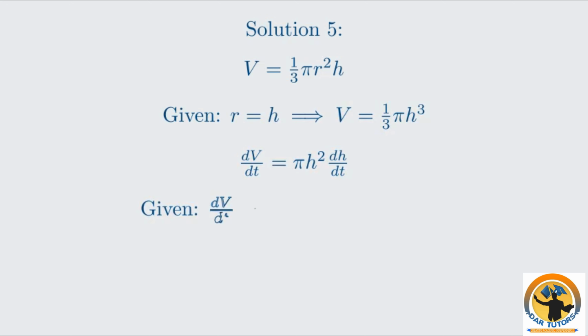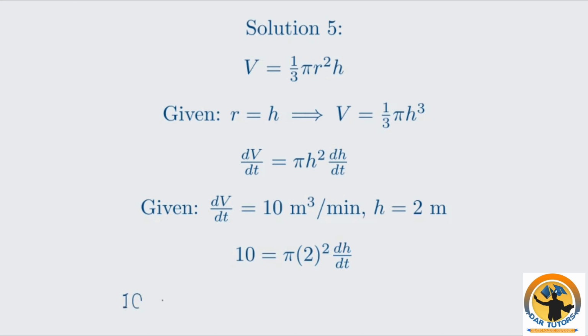We are given dV/dt is 10, and we want to find dh/dt when h is 2. Substituting, 10 equals pi times 2 squared times dh/dt. This simplifies to 10 equals 4 pi dh/dt, so dh/dt is 10 over 4 pi, or 5 over 2 pi meters per minute. I hope these examples and practice questions have helped you master the topic of related rates.